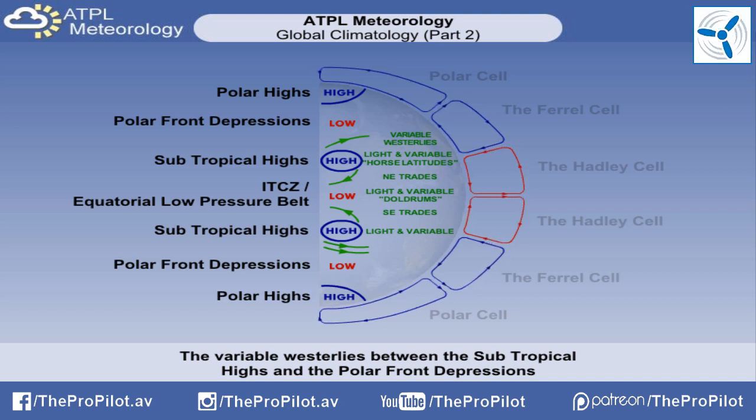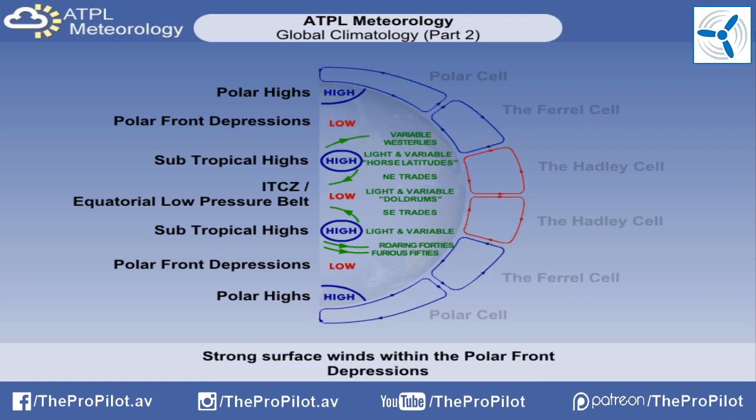These strong westerlies in the southern hemisphere are called by the latitudes where they are found, namely the Roaring Forties and Furious 50s. The surface winds around the polar front depressions are very variable, because the polar front depressions themselves are very mobile.